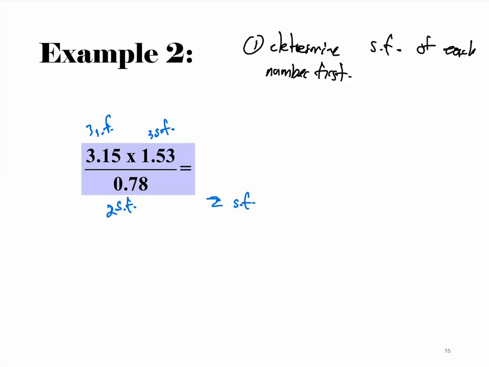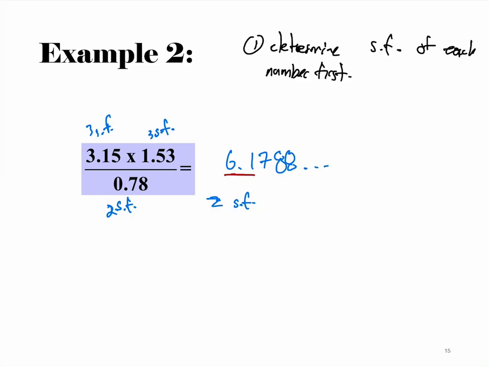All right, so if I do 1.53 times 3.15 divided by 0.78, I get 6.178, 8, and then a bunch of digits after that. I need 2 significant figures, which means I need the first 2.